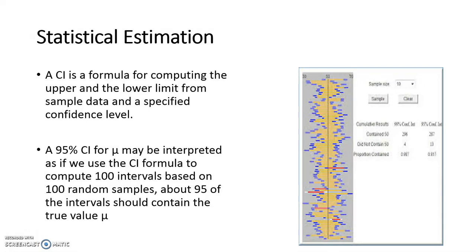A 95% confidence interval for the population mean mu may be interpreted as: if we use the CI formula to compute 100 intervals based on 100 random samples, then about 95 of the intervals should contain the true value mu. This assumes we have a good confidence interval and a good estimator.